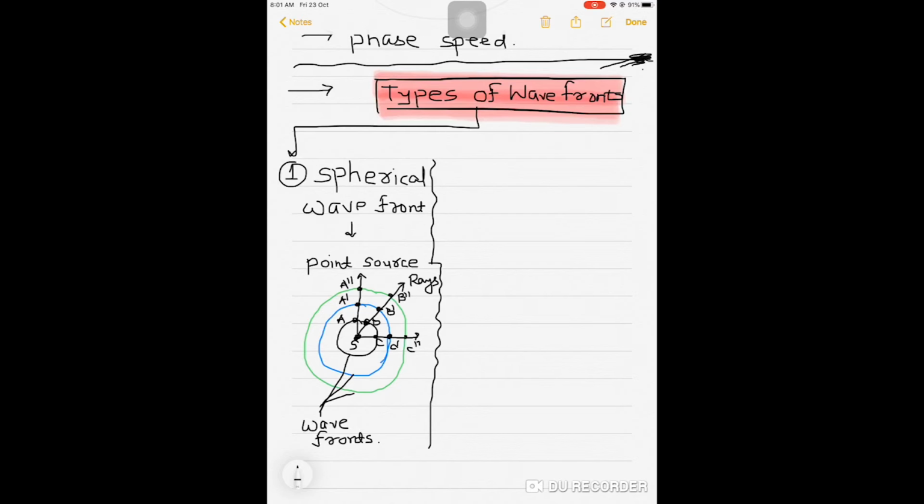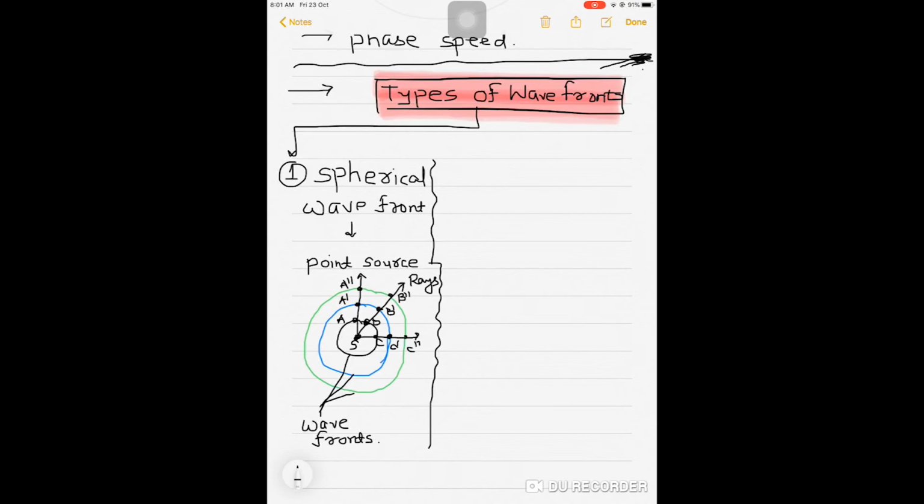So if they have the same speed, and we arrange them and connect them together, it will form a spherical shape. So for a spherical wavefront, we need a point source.